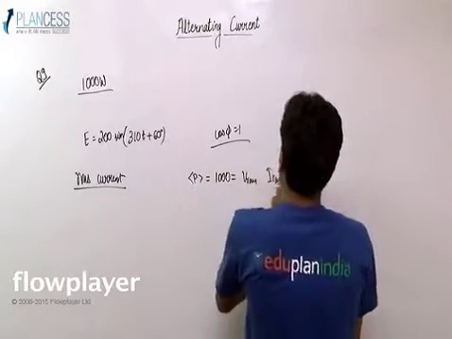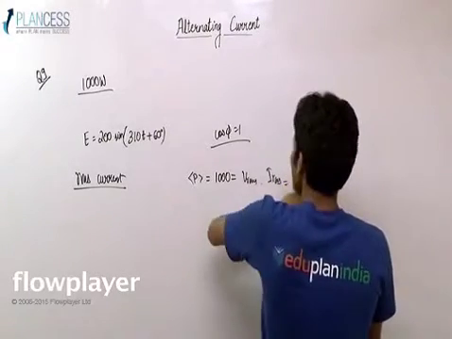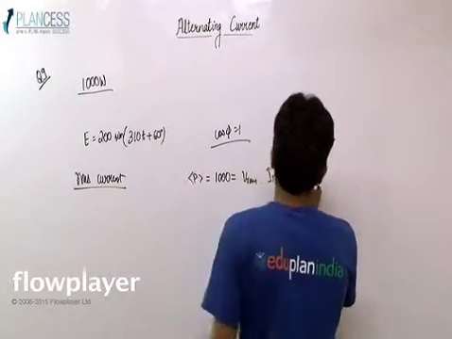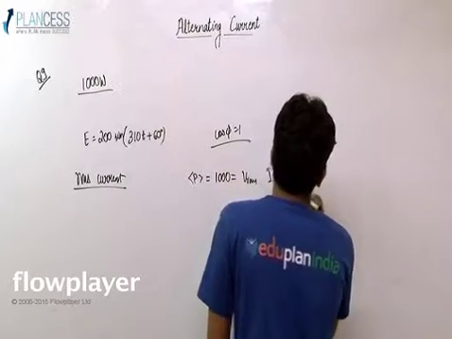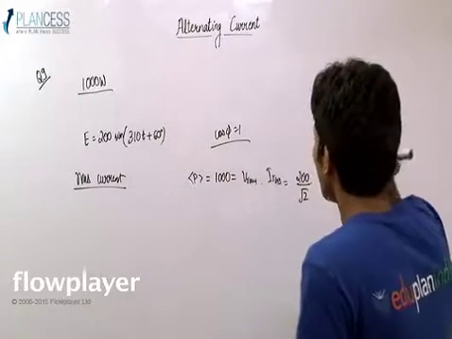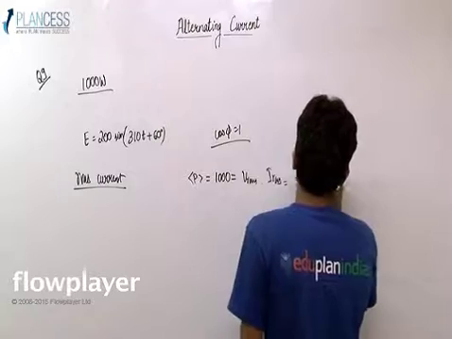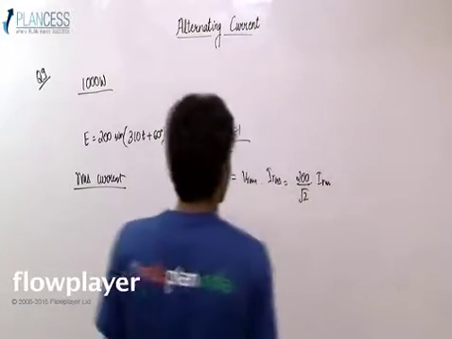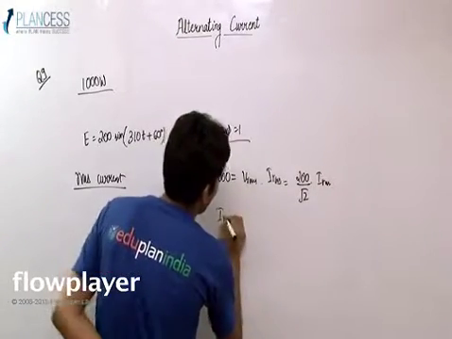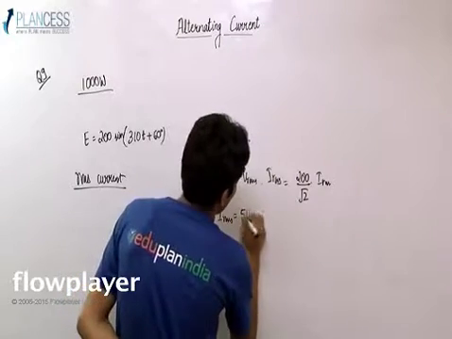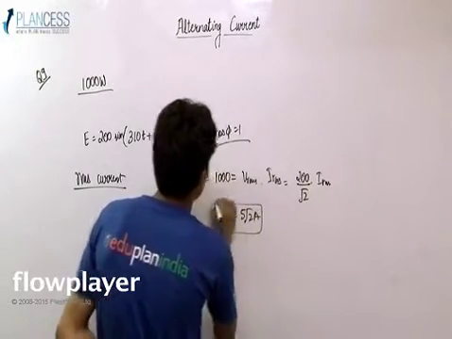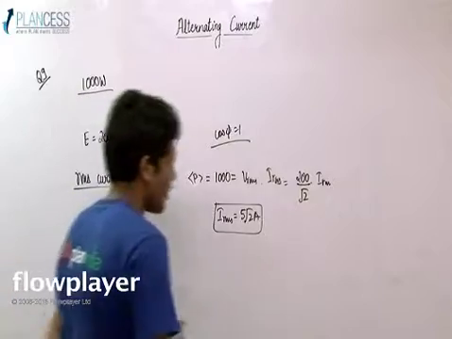So power equals V maximum, that is 200 upon root 2, into IRMS, and thus IRMS can be written as 5 root 2 ampere. So we get IRMS equals 5 root 2 ampere.